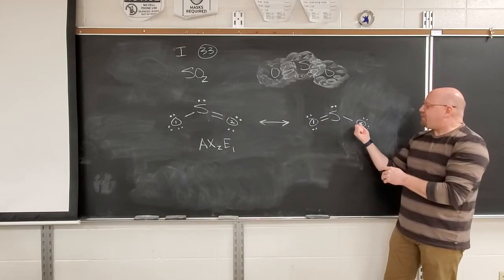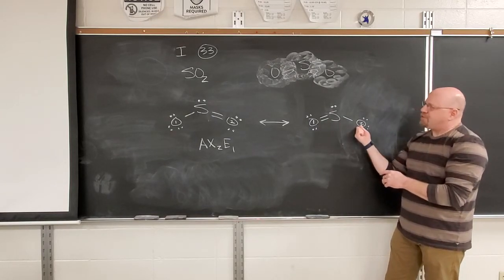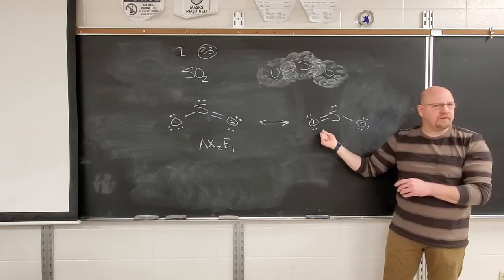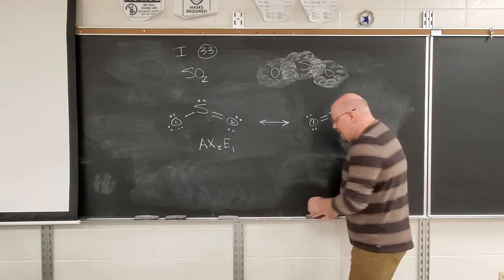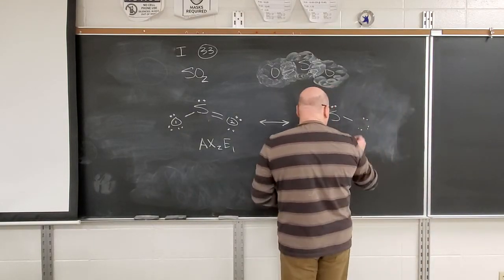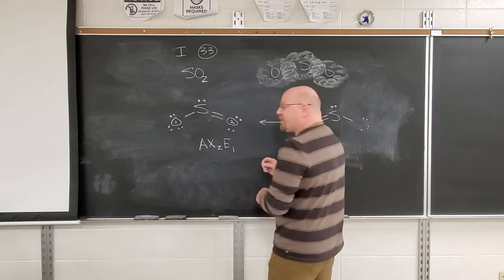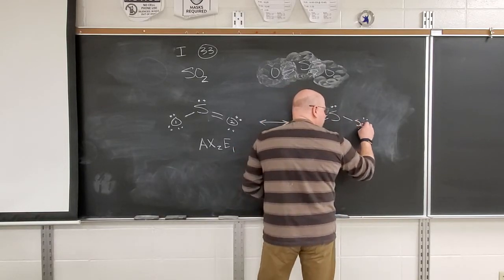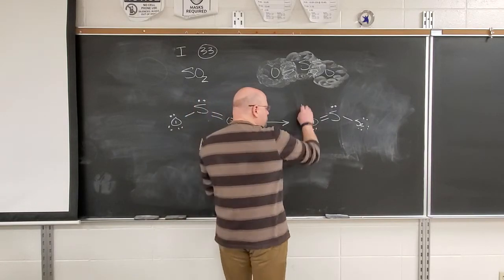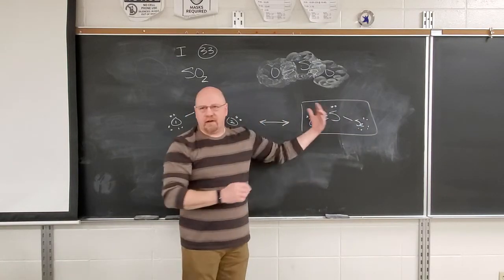We would have a resonance structure with the sulfur dioxide because these oxygens are both oxygen. If I were to change this to a selenium, which would be the same thing, there is no resonance.